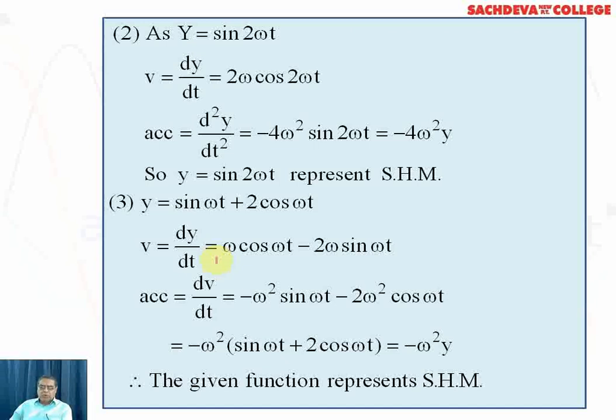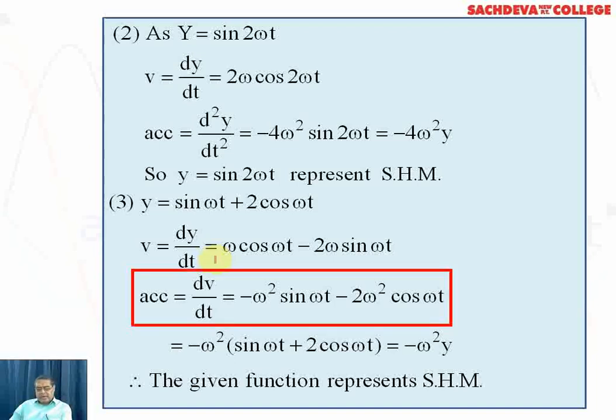So what we have to do is transform this function to a single function, in terms of sine or in terms of cosine. First of all, we have taken the derivative of y, that is, the derivative of sine omega t and the derivative of 2 cos omega t.